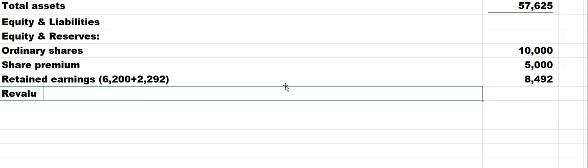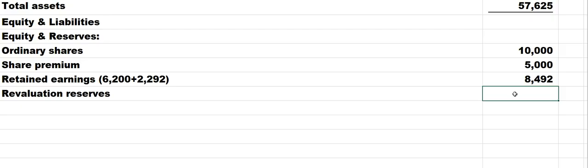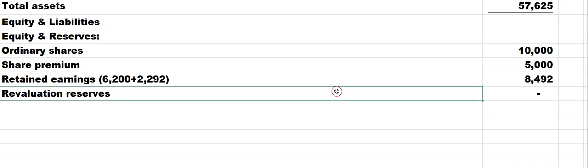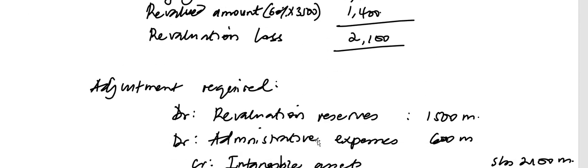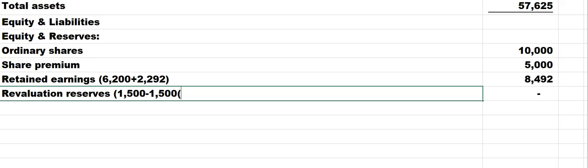Revaluation reserves. Remember, the loss reversed that surplus which exists. So here I would just put a 0 because it's 1,500 minus 1,500 from working 7. That's debit revaluation reserves by 1,500.